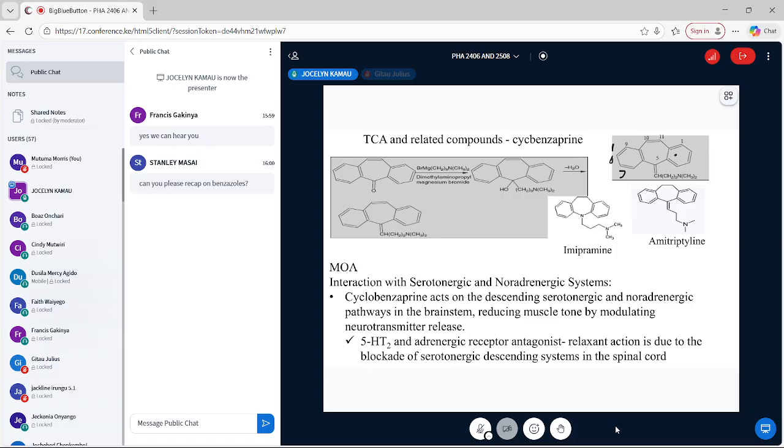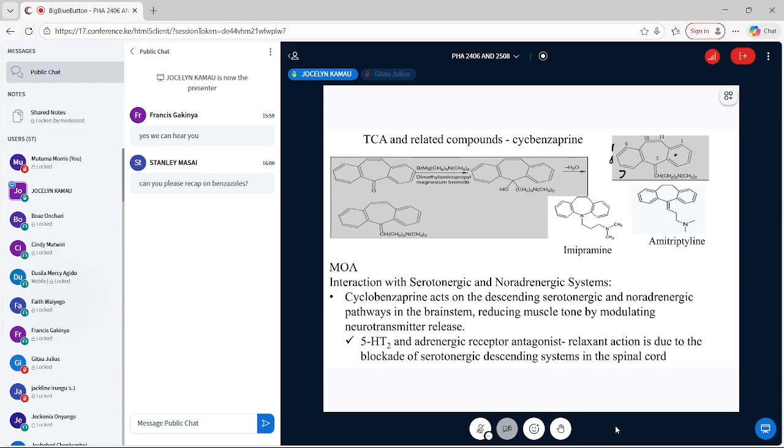Looking at the structure of cyclobenzaprine, you see it has a double bond at position 5.